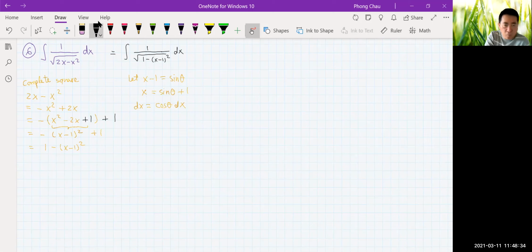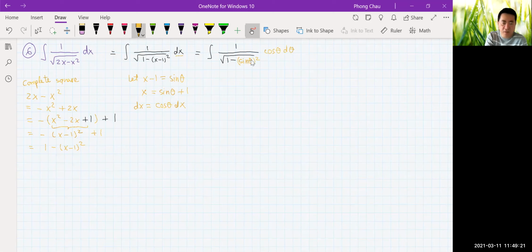When I substitute in, I get the perfect identity inside. Remember, x minus 1 is sine theta, so it's 1 minus sine squared theta. And dx is cosine of theta d theta.